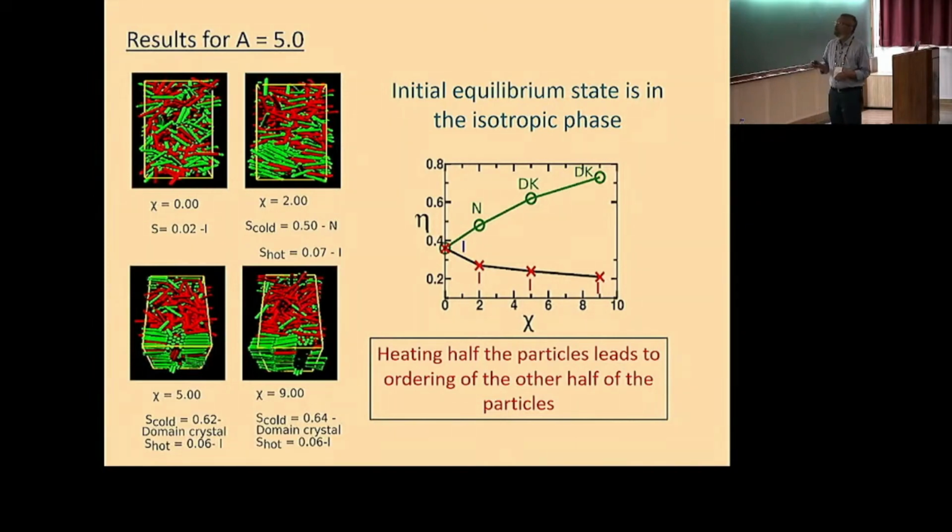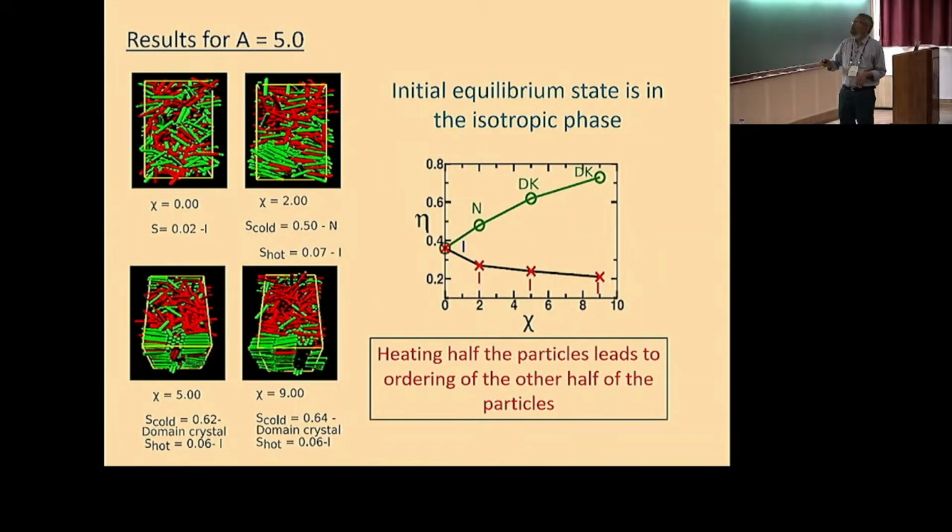And a similar thing we are showing here also, where what one is plotting is the local packing fraction as a function of this parameter, which measures the difference between TH and TC. And we can see there is phase separation, and after the phase separation you have a hot region and a cold region.